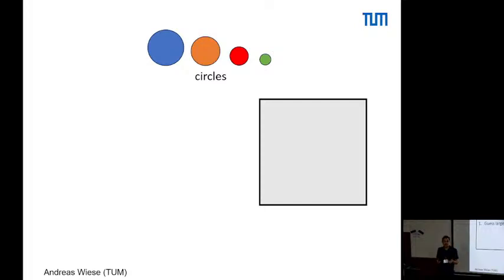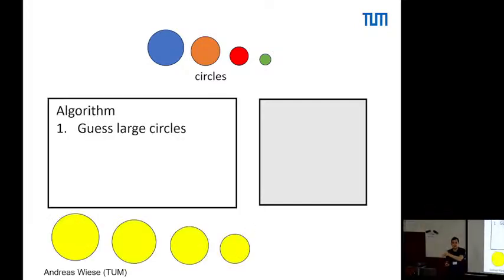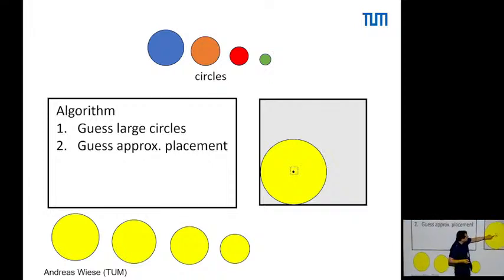So our algorithm for circles, we first guess the large circles, meaning we guess their identities, we guess who they are. And then we guess their placement, but only approximately, because of this problem that we don't even know whether rational coordinates are sufficient, and even if yes, how many bits you would need. So what we do is, for every large circle, we guess a very small box, and we guess that its center must be contained in this box.